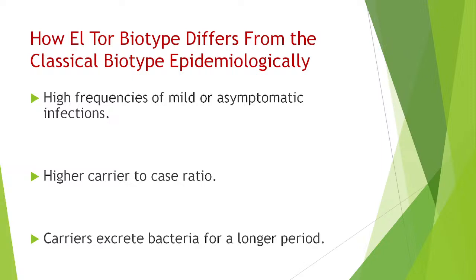There is a high carrier to case ratio, and carriers excrete bacteria for a longer period. Once you get infected with Vibrio cholerae, you will be shedding for some period of time in the stools. So this can lead to persistence of infection in the communities. So in the El Tor biotype, humans excrete bacteria for a longer period.